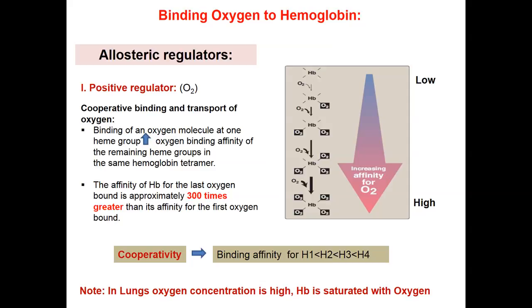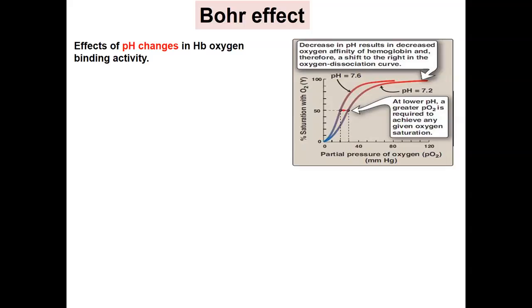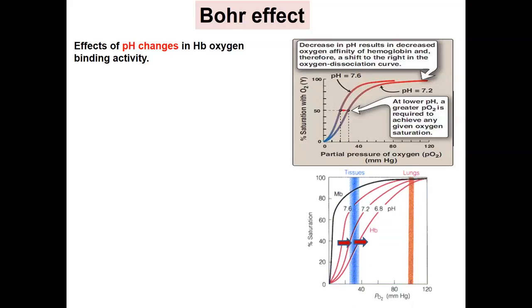Is that clear? So that's what we call cooperativity. The binding of the first one makes the second one bind easily, the third one even further. Okay? So it is a positive regulator. So oxygen is a positive regulator for oxygen binding to hemoglobin.